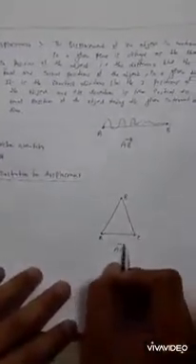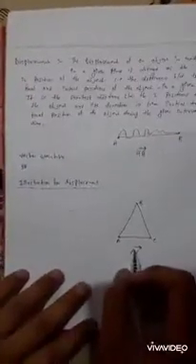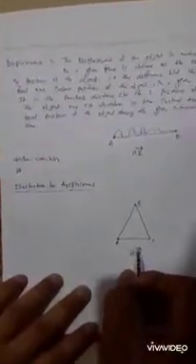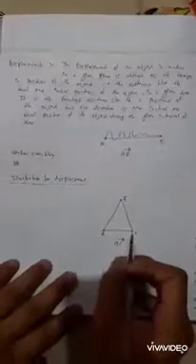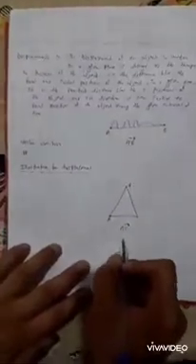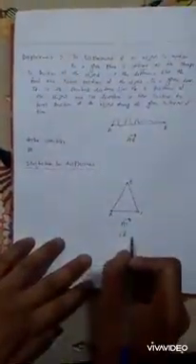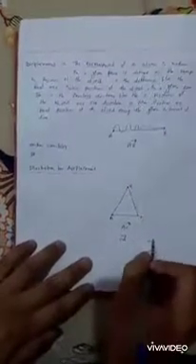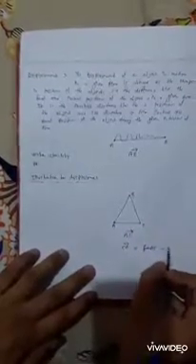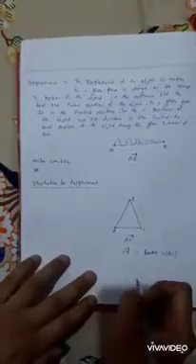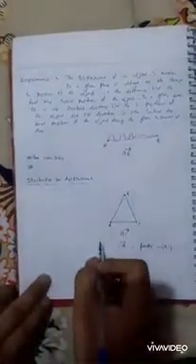The arrowhead on the AC shows that the object is displaced from point A to C. In case the object is displaced from C to A, then we will represent it as CA, and we will say that it is minus AC. So this is the first point.